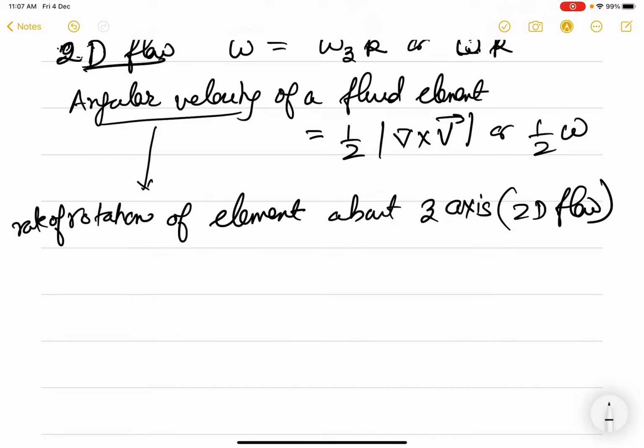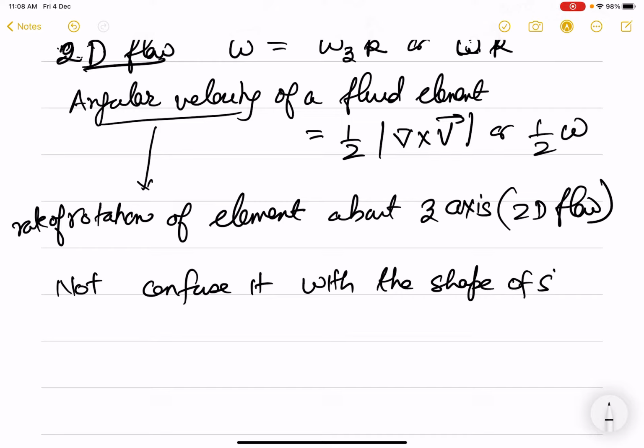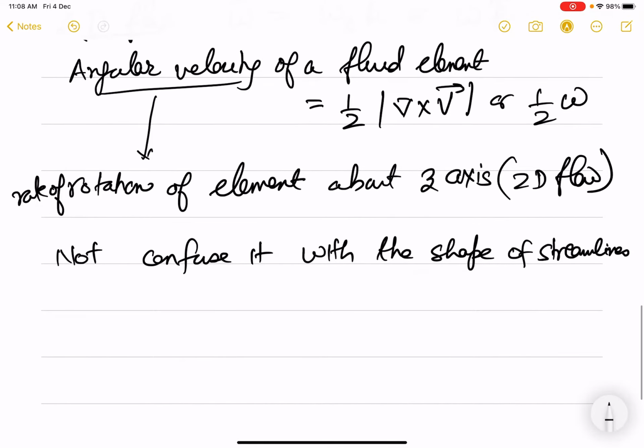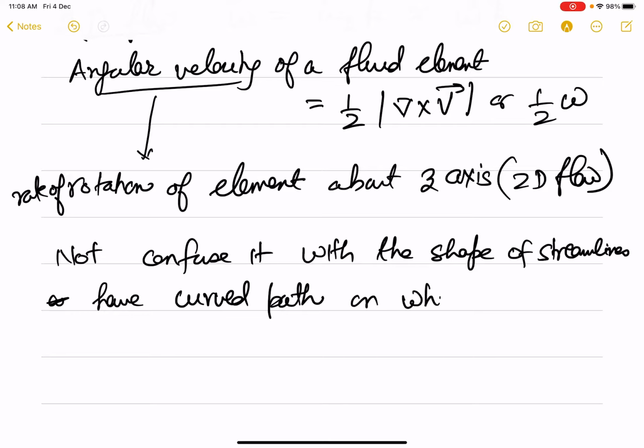But we should not confuse it with the shape of streamlines. As we have seen, we can have a curved path on which a body may translate.